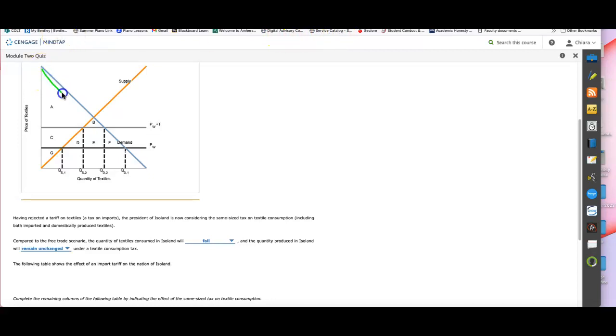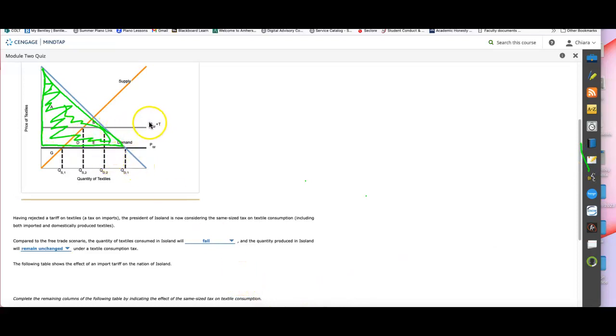So originally, this would have been the consumer surplus. This whole area. So A, B, C, D, E, F. That's with free trade. And in fact, it's reflected, let me scroll, it's reflected on the graph down here on the bottom.